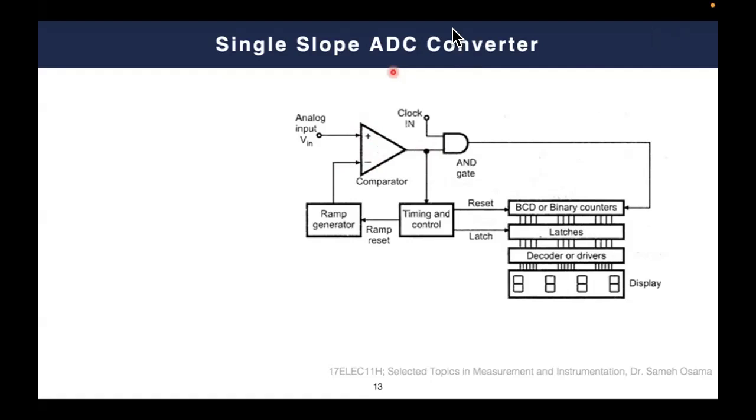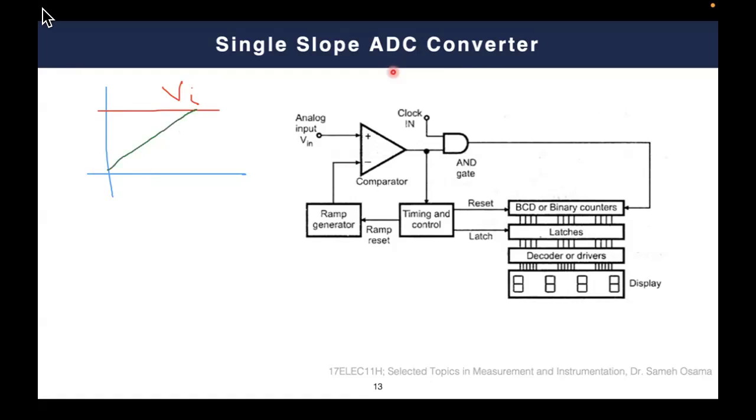I will go to the annotation, and let's say that we have something like that. This red signal is the input, so this is V input, and this green signal is a ramp signal.